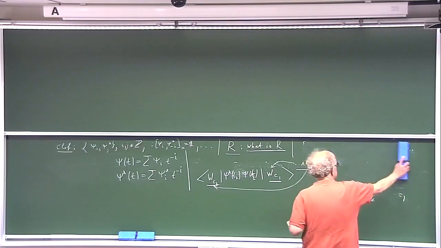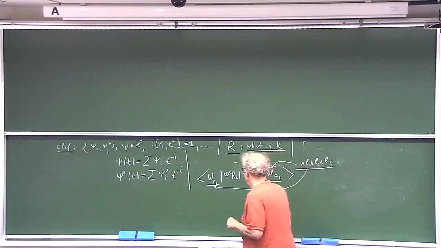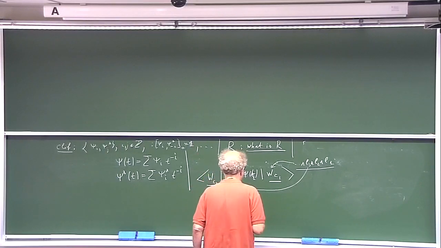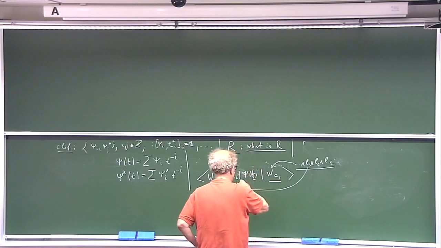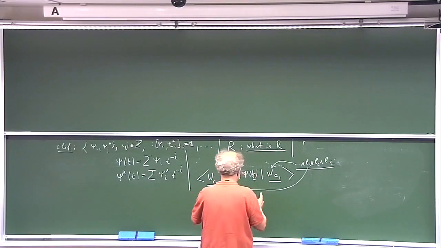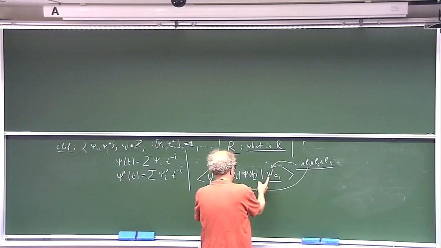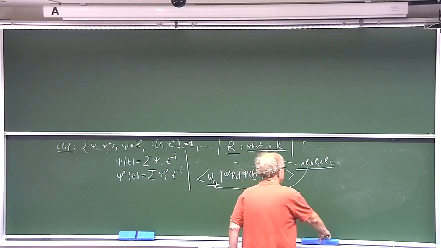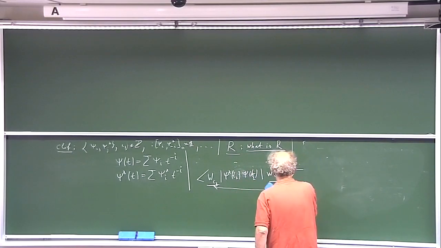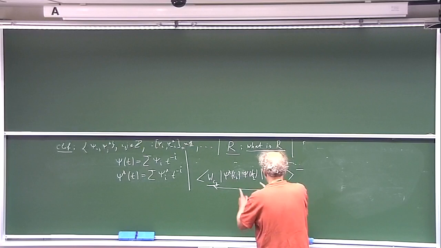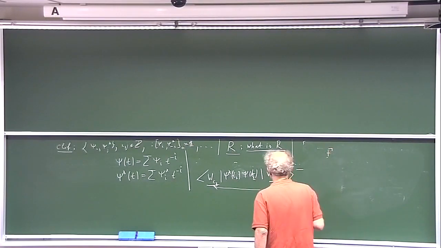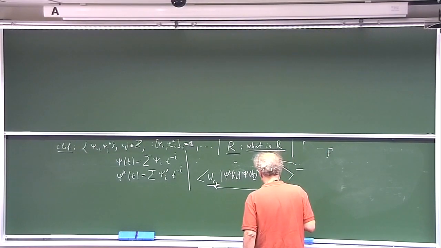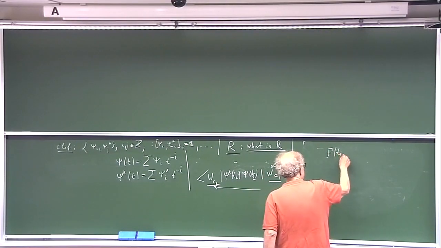So we did this, and you can easily see that. The statement here says that such a correlation function, as it was yesterday, is some polynomial in t1, t2.